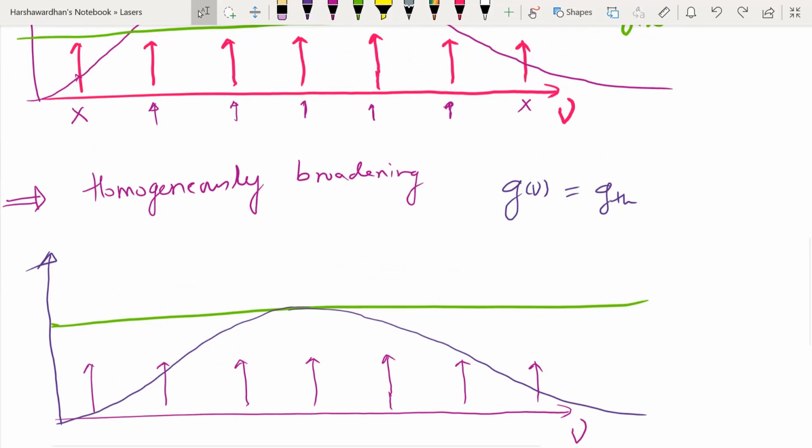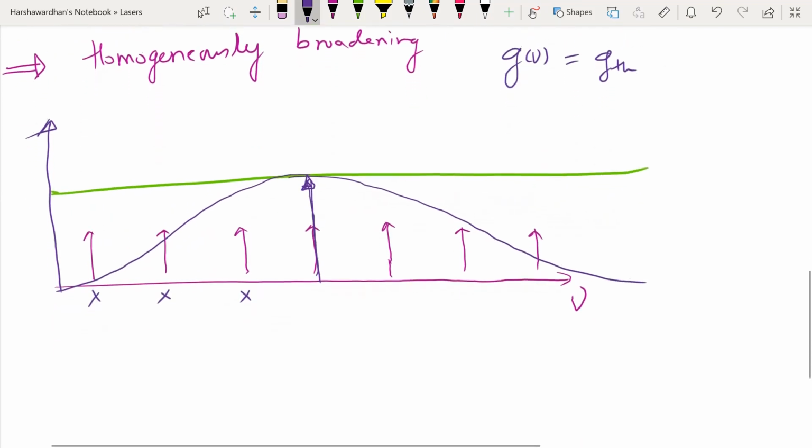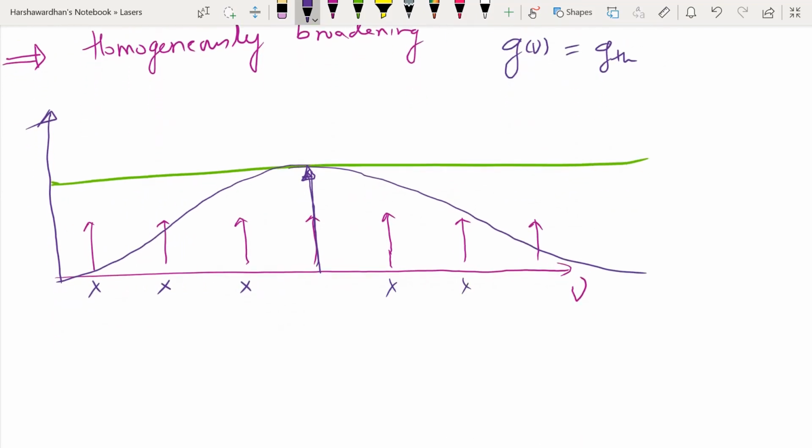The consequence is that only one mode, the mode which has the highest small signal gain, is the one that would oscillate, because every other mode beside that central mode has a gain which is lower than the gain threshold, right?